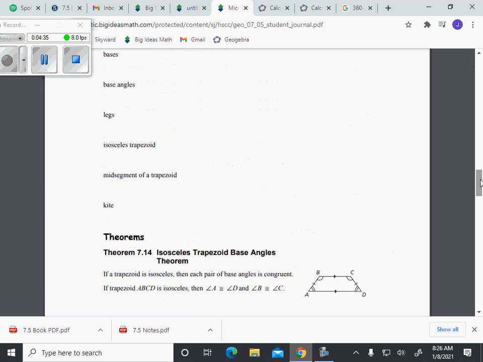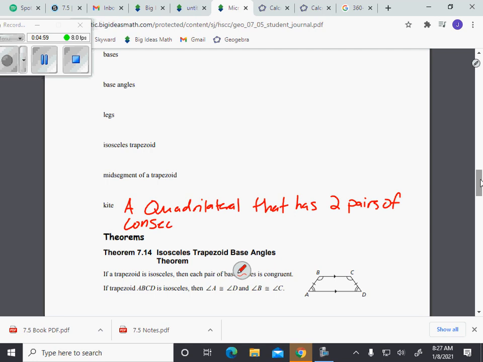Okay, a kite is a quadrilateral that has two pairs of consecutive congruent sides.